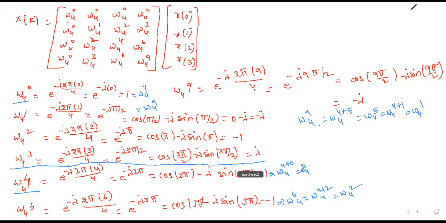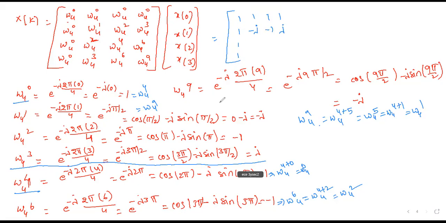So the equations can now be simplified as follows. The first row and first column are all 1, because omega 4 power 0 is 1. So 1 1 1 1, 1 1 1 1. Next is omega 4 power 1, whose value is minus j, omega 4 power 2 whose value is minus 1, and omega 4 power 3 whose value is j.